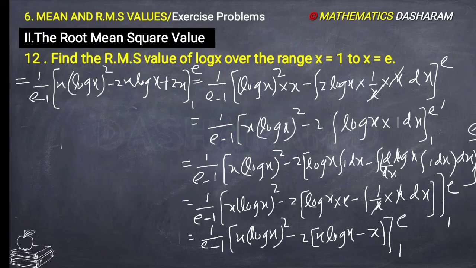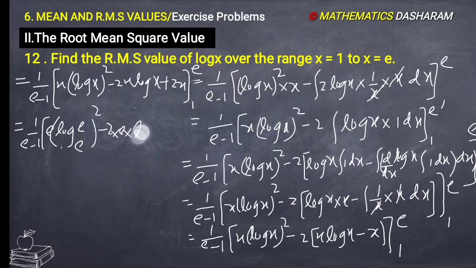So let's substitute the limits. 1 by e minus 1, first the upper limit e into (log e) whole square, where the logarithm base is e, minus 2 into e into log e with base e, plus 2 into e.